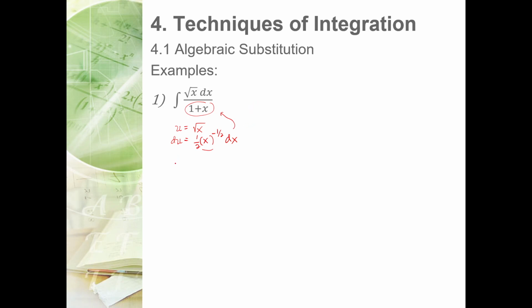So let's try if u is equal to 1 plus x. So du is equal to dx. Notice that the remaining term, if we use this particular U sub, is square root of x. Earlier, the remaining term for the first U sub is 1 plus x. The aim of your sub technique is to replace every term in your integrand.